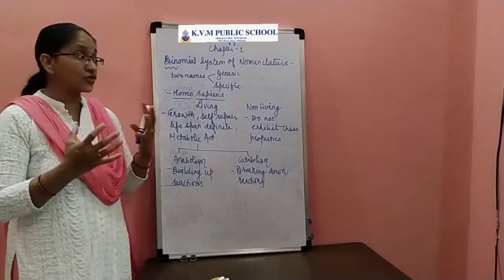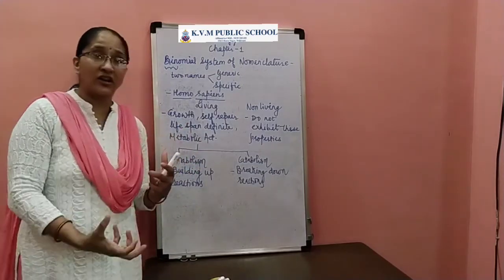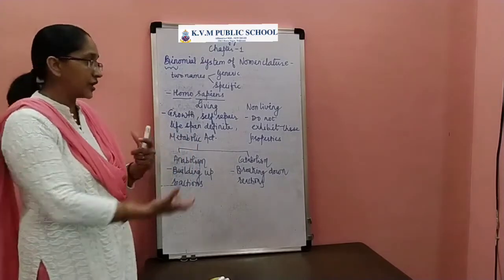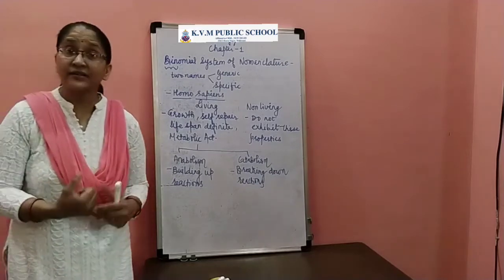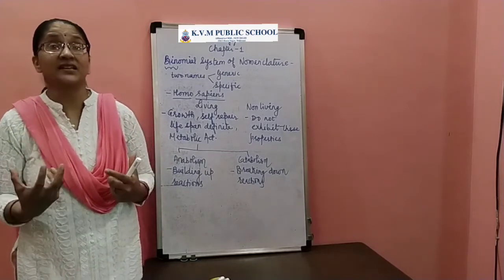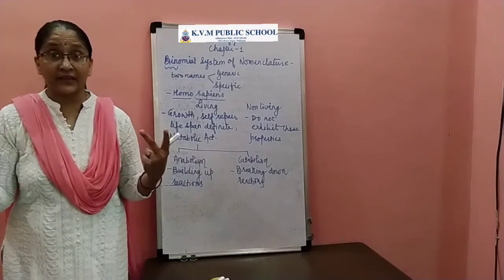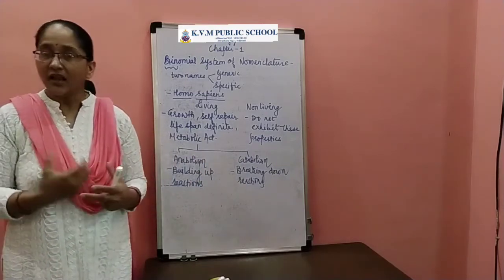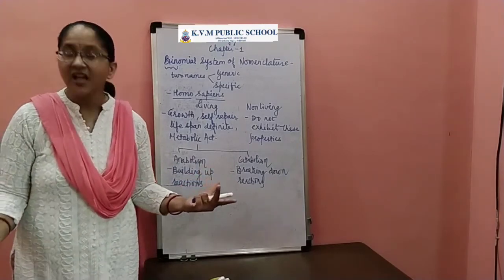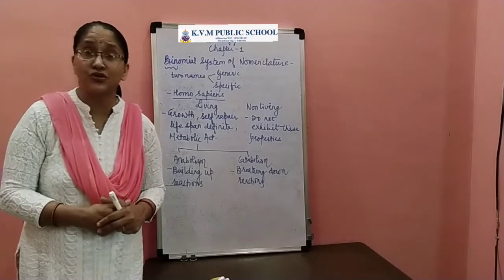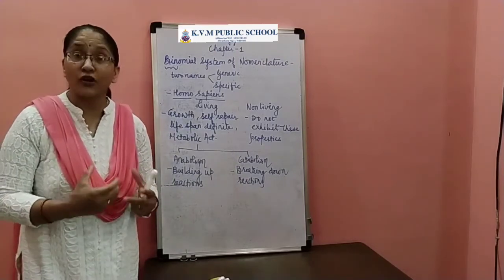So living and non-living can be differentiated on the basis of these important characteristics, that is growth, and consciousness, whether the organisms respond to stimuli or not. Living organisms have the capacity to respond to external stimulus, whereas non-living organisms lack the capacity of consciousness.